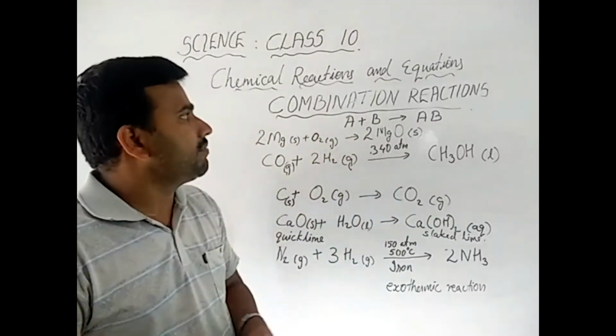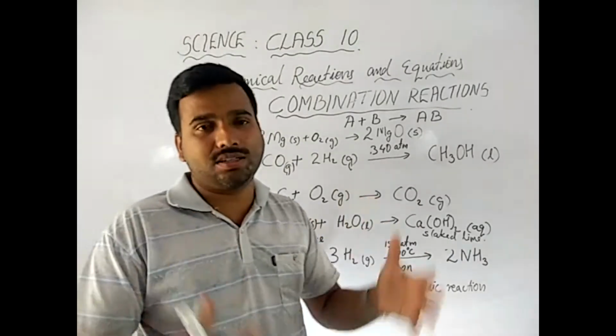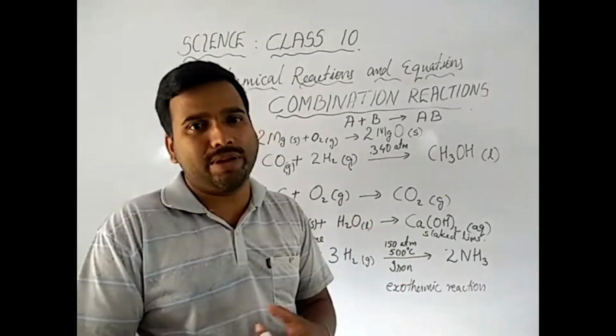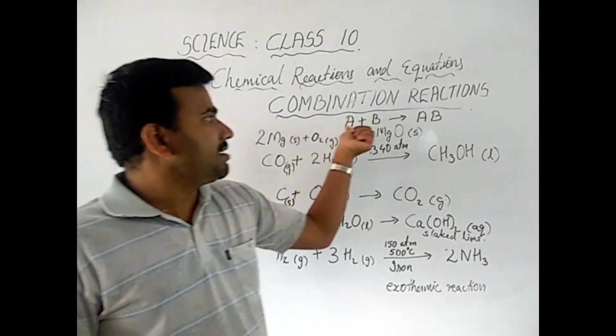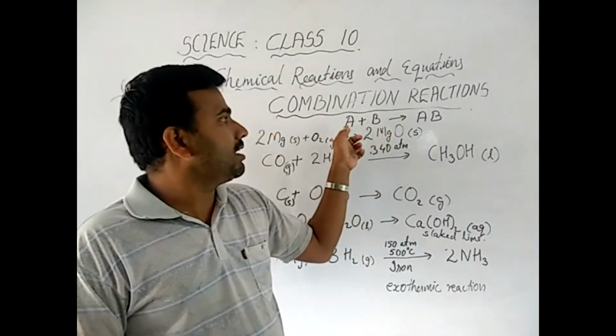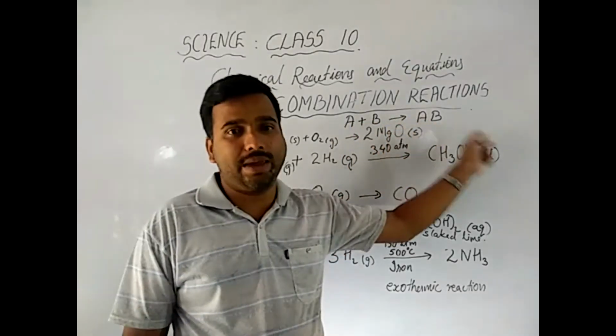First of all, we will talk about combination reaction. Combination, the word itself, means combine. In a general way, we can represent it as A plus B reacts to give AB.